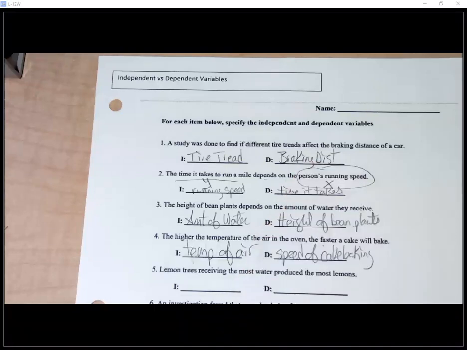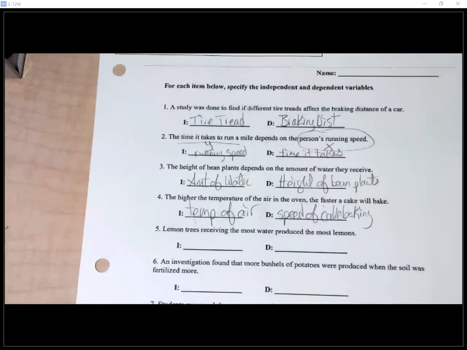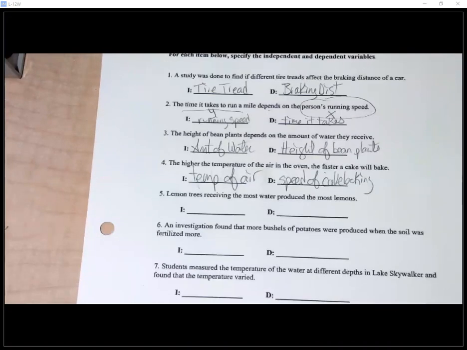We'll do one more together since I just messed that one up. Number 5, lemon trees receiving the most water produce the most lemons. Jake. Yes, because wouldn't you say the number of lemons depends on how much water the tree got?